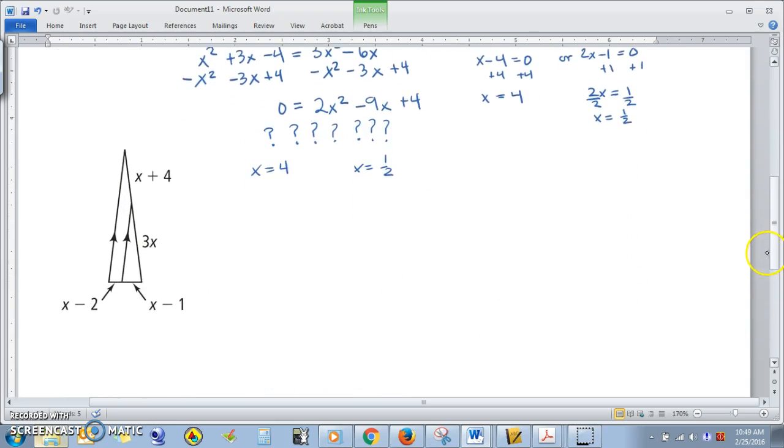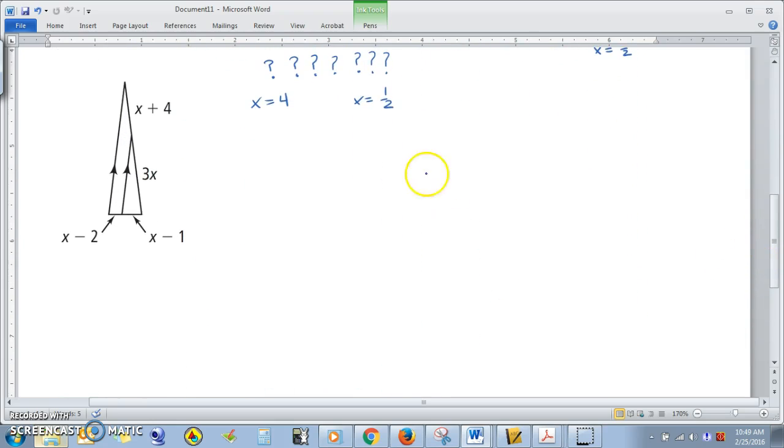Well, let's find out. How can we find out? Well, we can plug them in and see if they work. So, if I plug in x equals 4, 4 plus 4 is 8. That would make this side 8. 3 times 4 is 12. And then over here, x minus 1, so 4 minus 1 is 3, and then x minus 2, 4 minus 2 is 2.